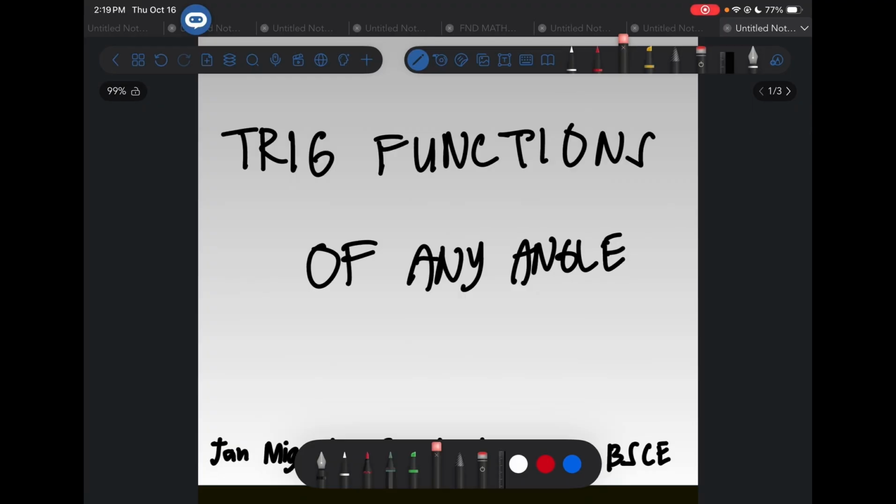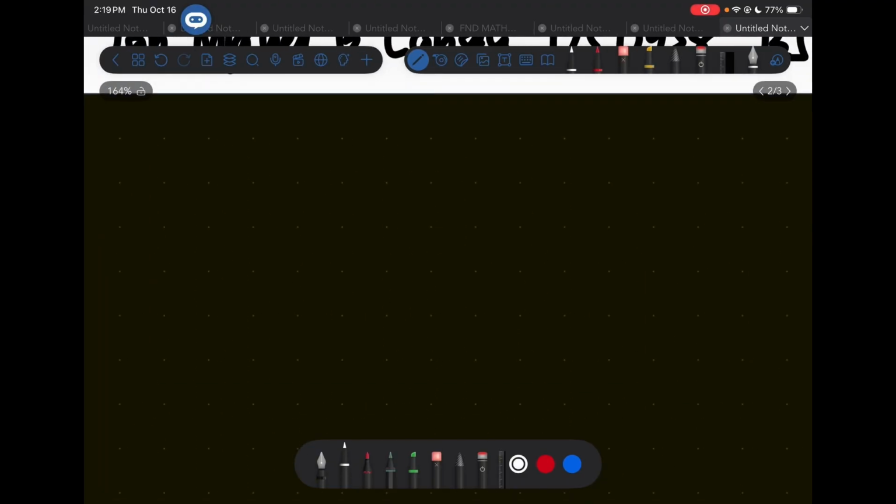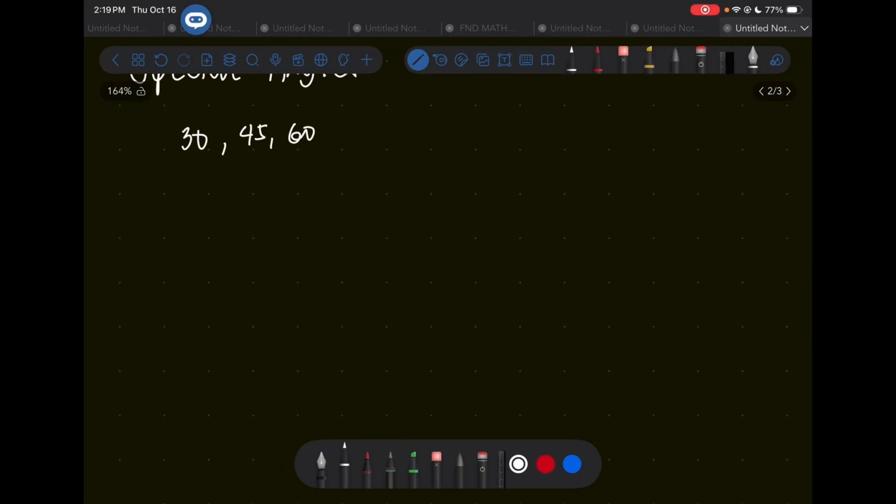Today we're going to tackle the trig functions of any angle. I would like to start with the special angles that we know. So what are these special angles? Here we have 30, 45, and 60, because we can use them in the left hand rule.